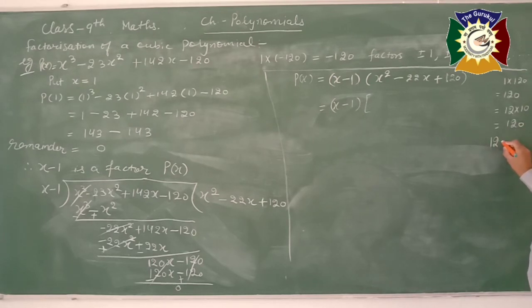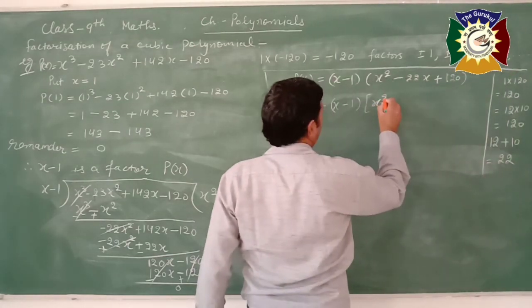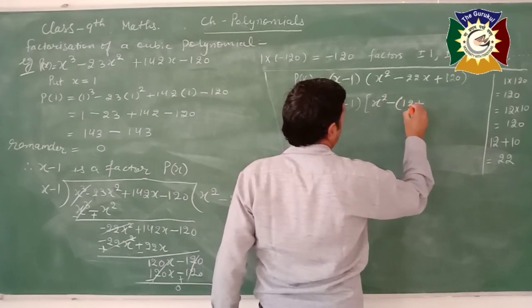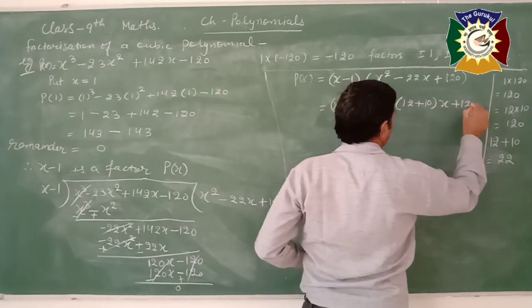The sum of 12 and 10 is 22. So these are the two factors, 12 and 10. Split the middle term.